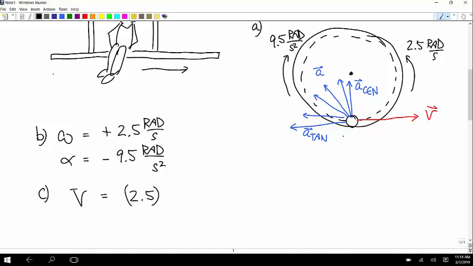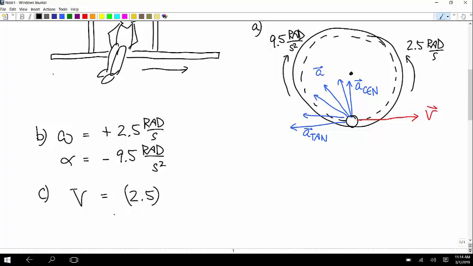So the angular velocity vector, since the angular velocity is like this, your thumb is this way, so that would be 0, 0, 2.5, in the z direction. And this one, since the angular acceleration is that way, your thumb is that way, so this would be 0, 0, negative 9.5. So that's the meaning of vectors, but you don't have to worry about that yet. Later on, that's how you'll do it.